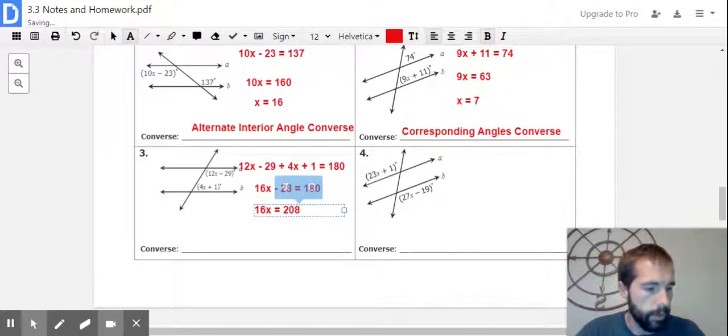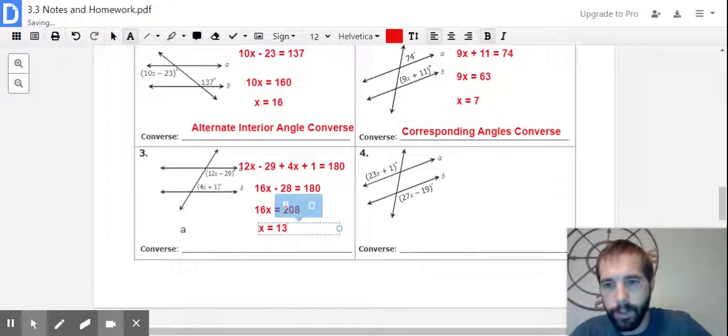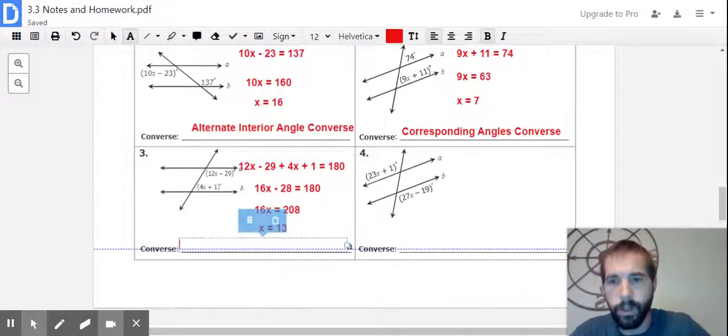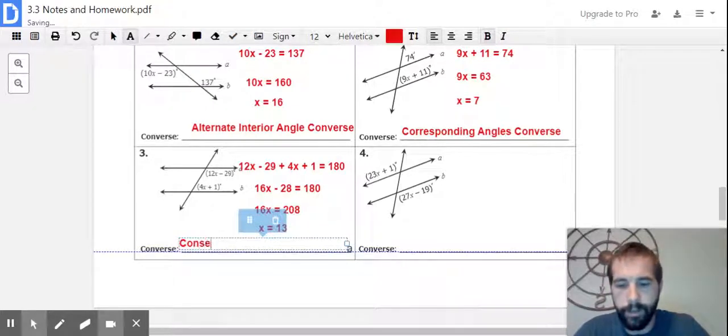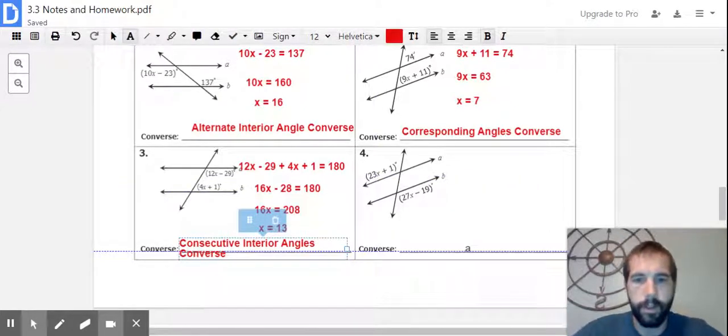And then we're going to do 208 divided by 16, and we get x is 13. So if x is 13, that would make the consecutive interior angles supplementary. So those lines would be parallel by the consecutive interior angles converse.